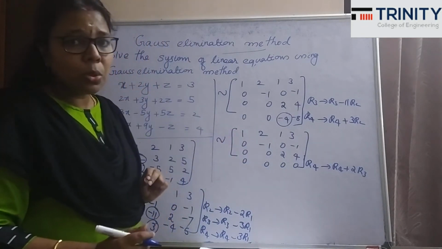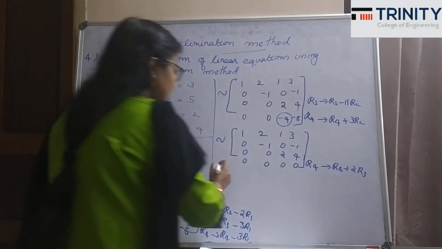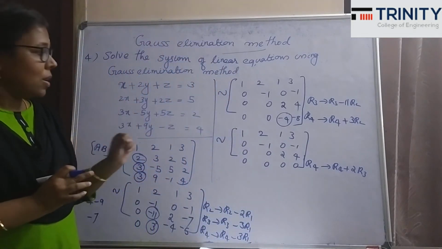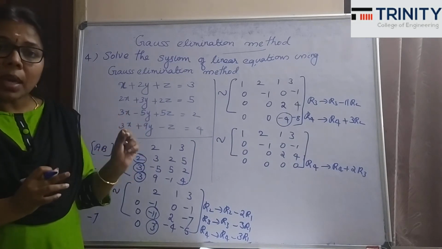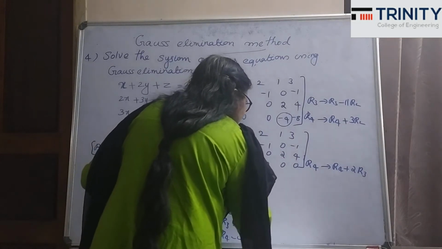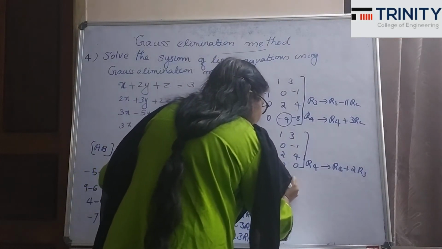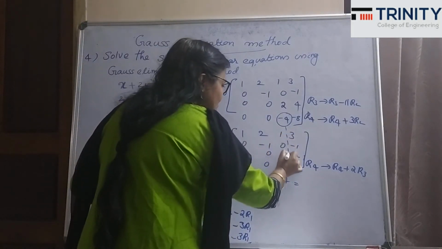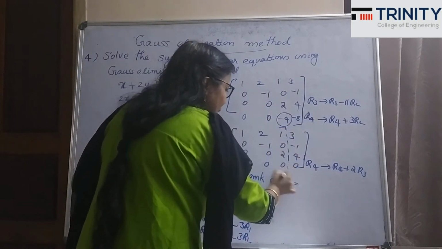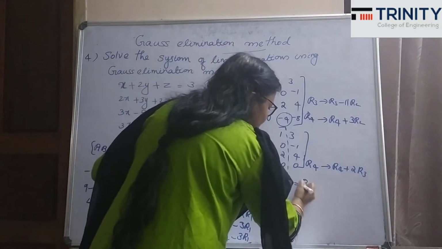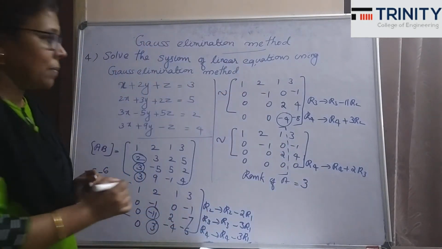Here it is in the row reduced echelon form. Now we have to find the rank of A and the rank of the augmented matrix AB. What is the rank of A? The rank of A is the rank of this matrix, that is 3.